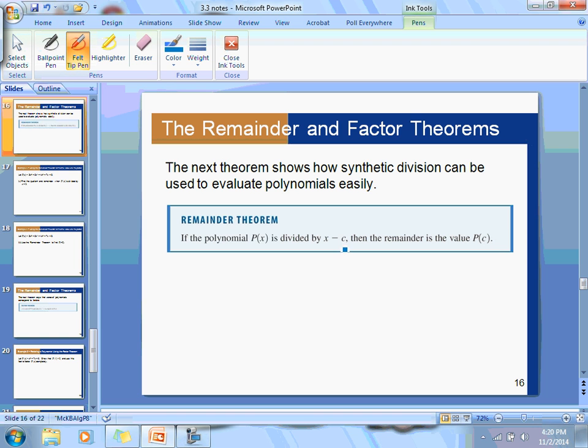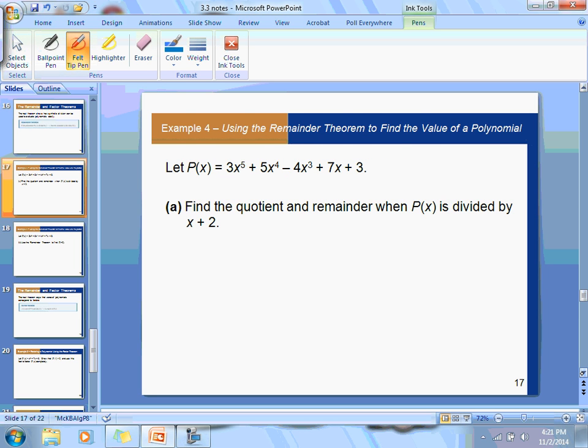So that means if you took this number c, not the negative, but just the c, and you put it into the polynomial function, the value you get out is going to be the same as the remainder when you divide. So if you do the long division and you get a remainder, it's the same as the value of the function at that value that you're dividing by, which is pretty cool. It's a pretty cool coincidence. So let's take a look at that.